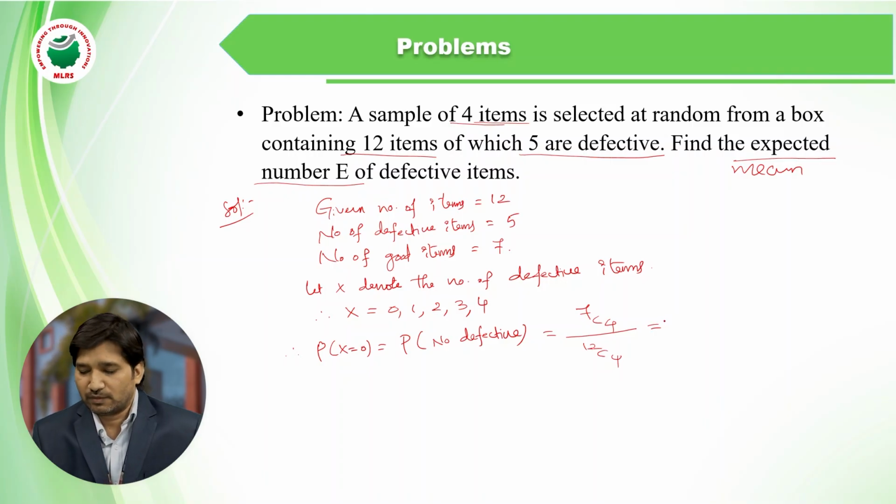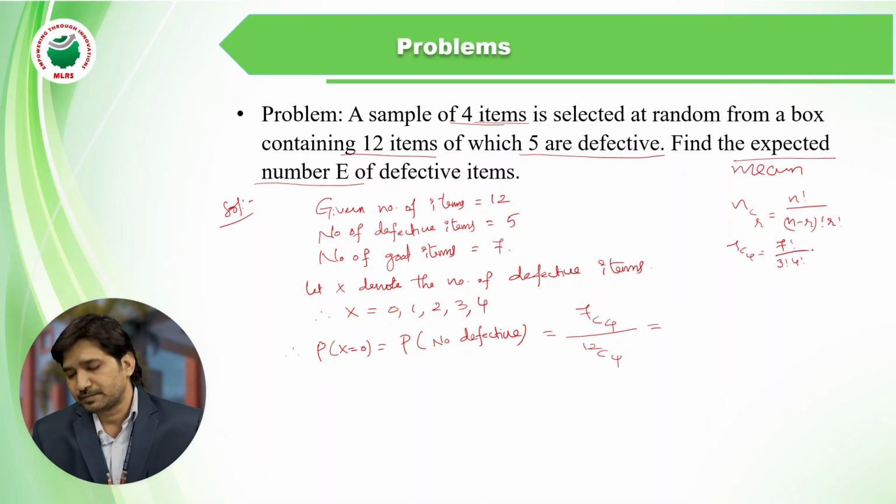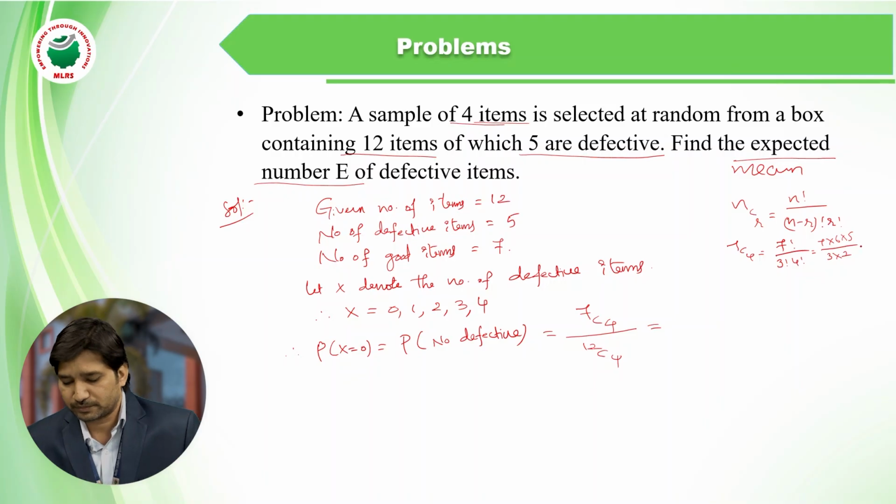The nCr formula, we discussed yesterday: n factorial by n minus r factorial into r factorial. 7C4 means 7 factorial by 3 factorial into 4 factorial. We can write 7 into 6 into 5, the 4 cancels, by 3 into 2. 3 ones are 3, 3 twos are 6, 7 fives are 35.